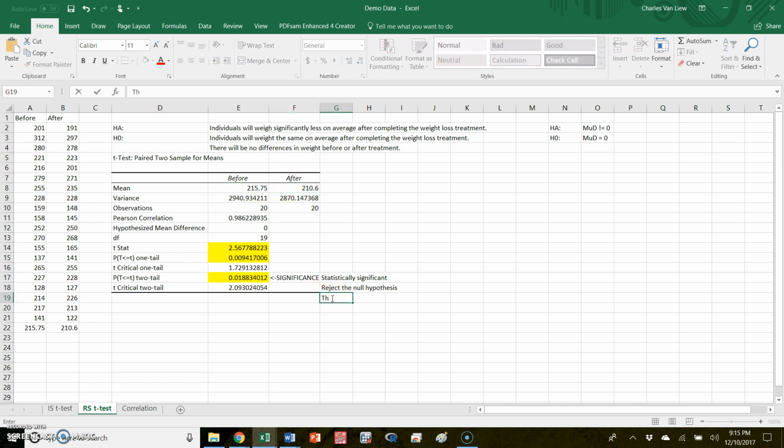So we would say that individuals weighed significantly less after treatment, a mean of 210.6, than they did before treatment. And the mean is 215.75. So there we have basically what our results mean.